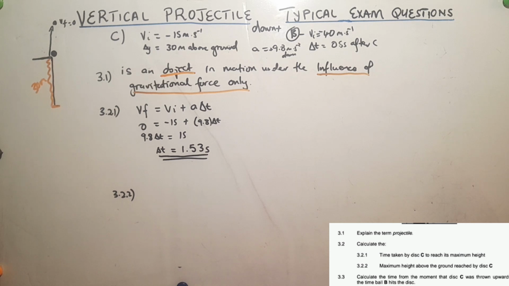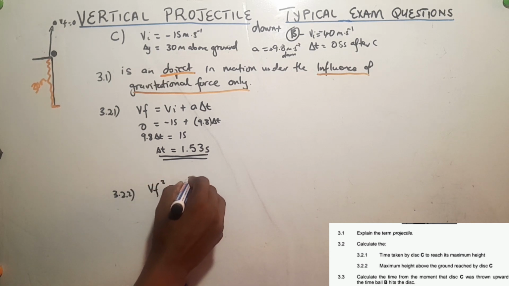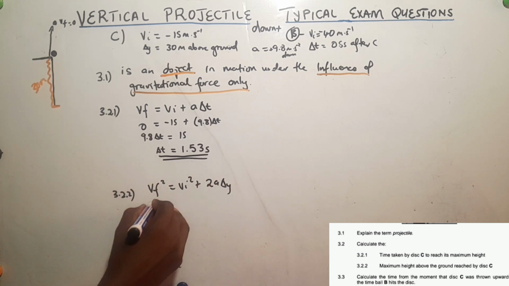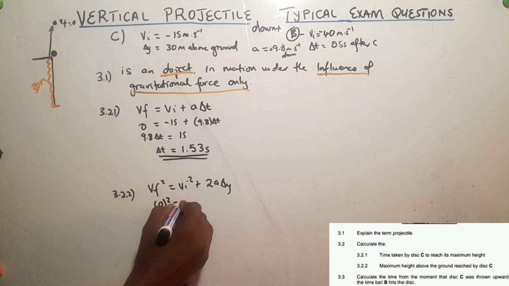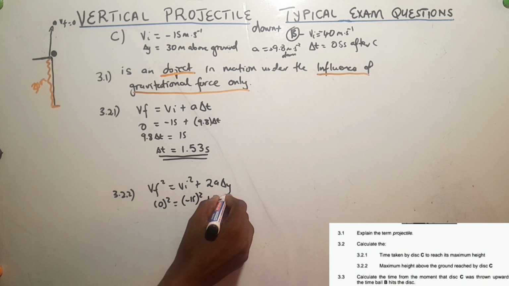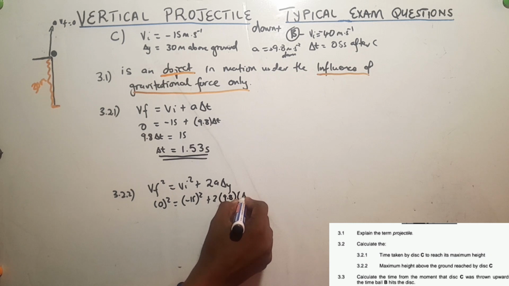So let's see. Vf squared is equal to V initial squared plus 2 acceleration changing y. So our final velocity is 0. Our initial velocity negative 15 squared plus 2 acceleration. So acceleration is 9.8 and our changing y.